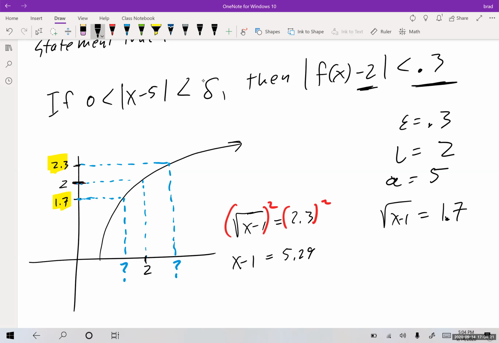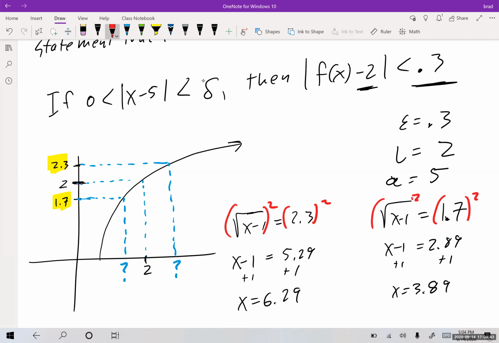So then now I add 1. So I have x equals 6.29. And then over here, I have 1.7. I'm pretty sure that's 2.89. So x minus 1 equals 2.89. And then add 1. So x equals 3.89. Let me double check if that's right. Yeah, that's right. Okay, and once again, all I did, you guys, was I squared both sides. Okay, so I have my question marks.